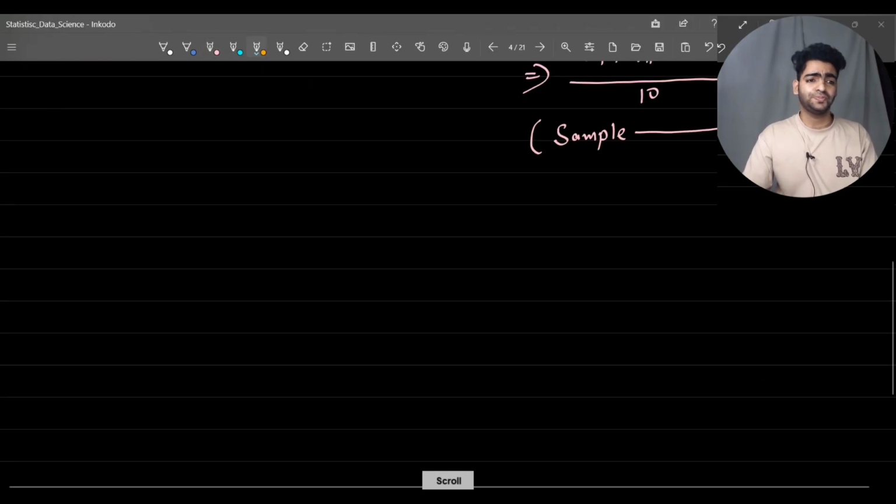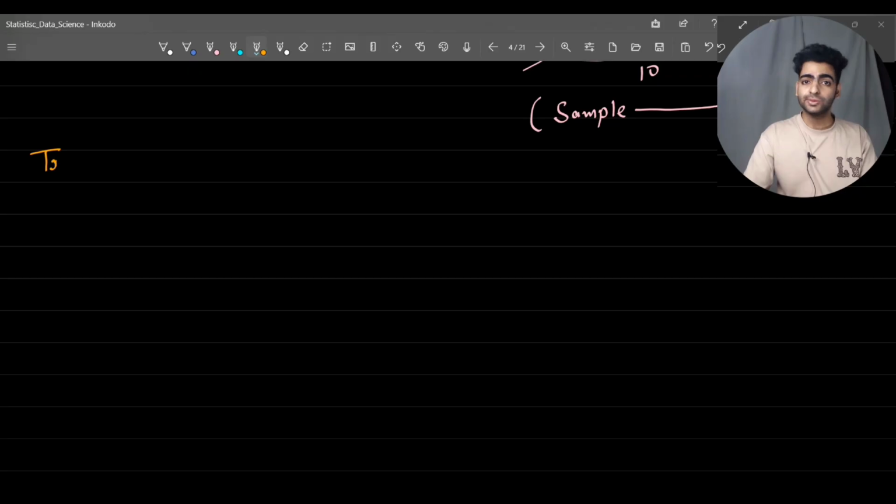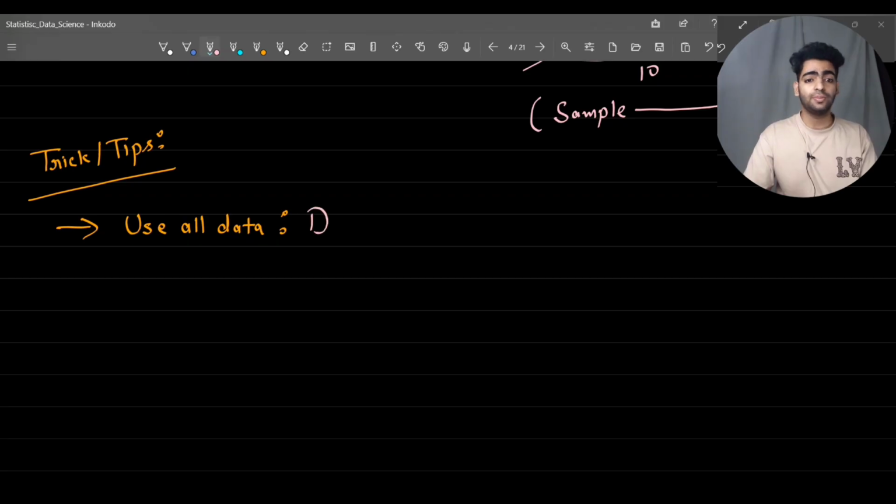Let's talk about a simple tip and trick to remember descriptive and inferential statistics. If you're using all your data to solve a challenge, you're using descriptive statistics.